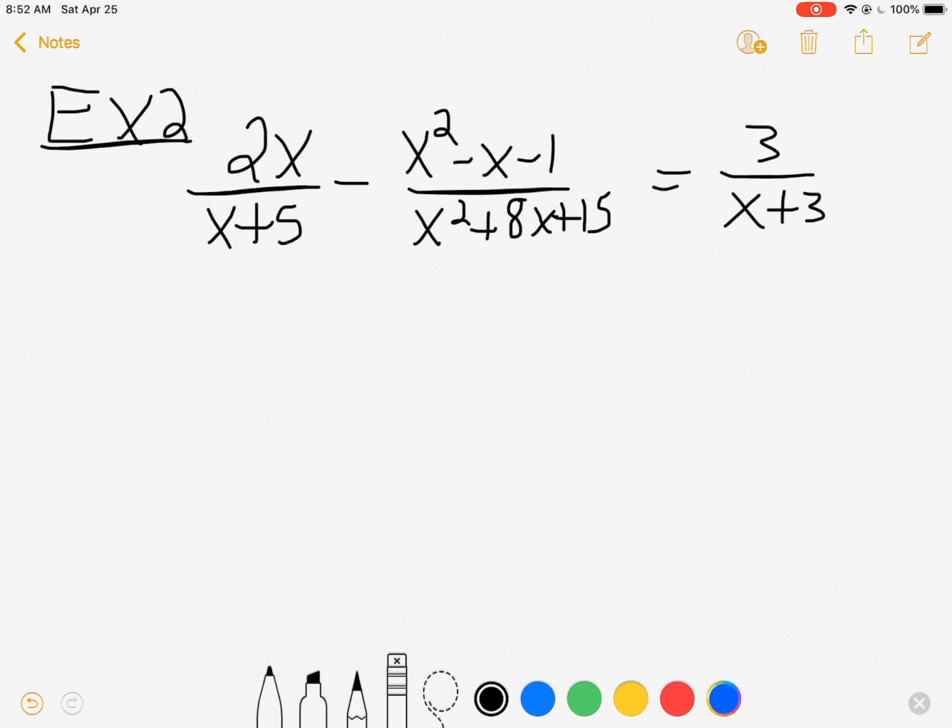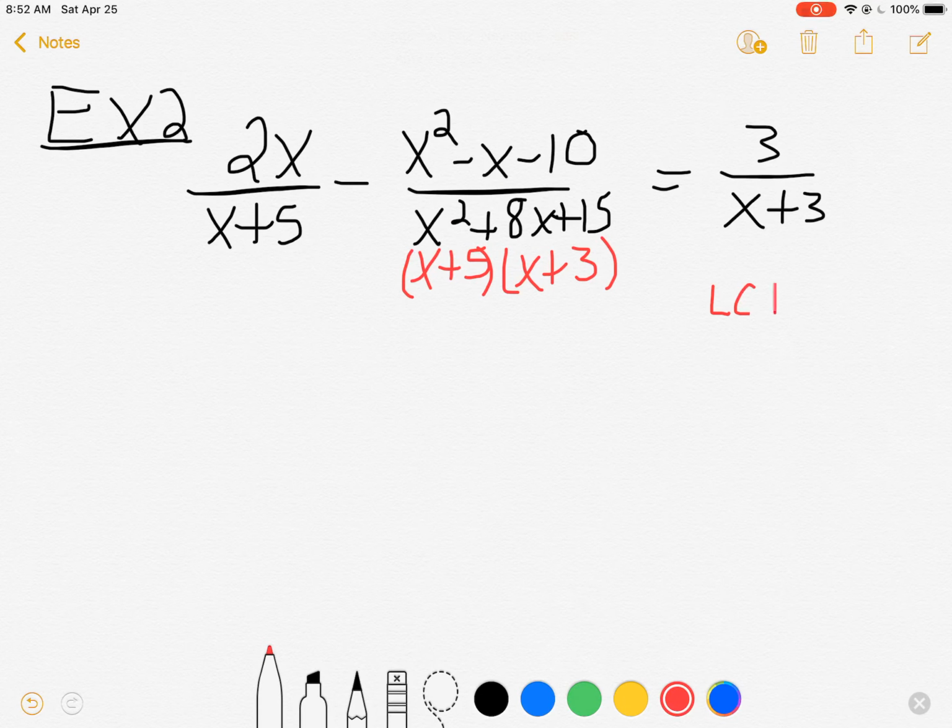So in simplifying this, I need to factor the denominator so I can see what my LCD will be. So x and x. What multiplies and gives me 15, it adds and gives me 8, 5 and 3. I have the x plus 5 in the denominator here, the x plus 3 in the denominator here. So my LCD is x plus 5 times x plus 3.